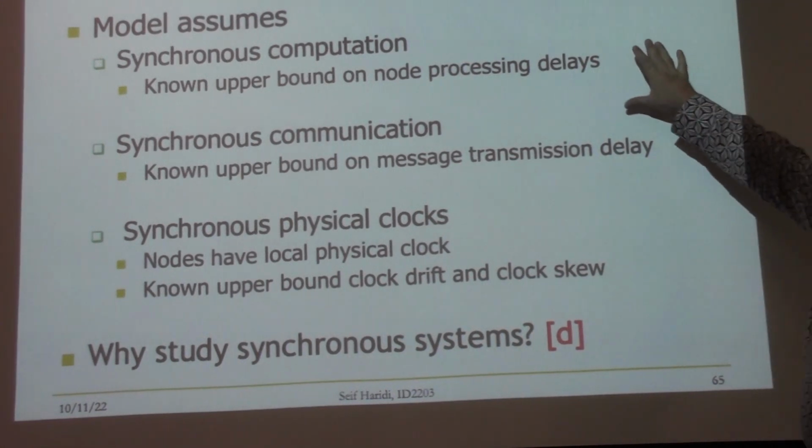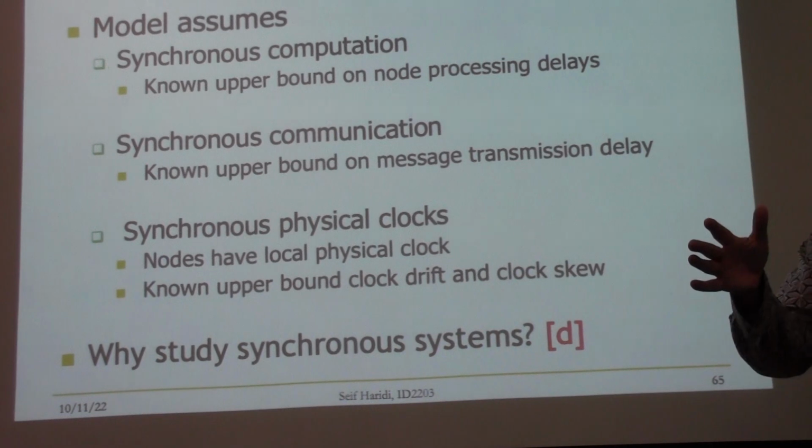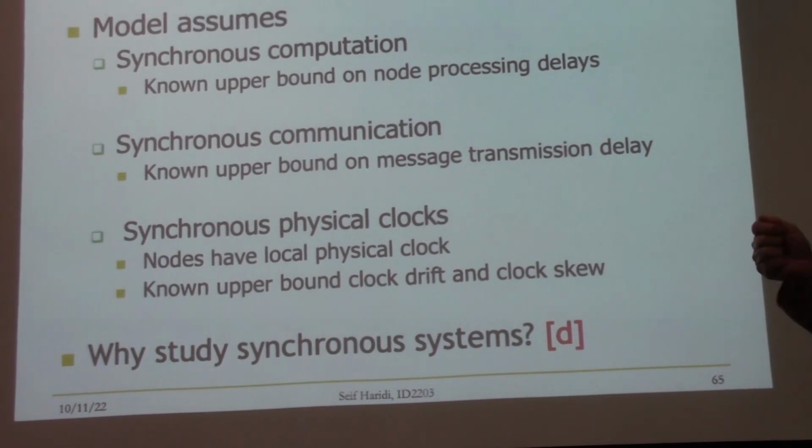So this kind of system is really nice for writing algorithms, but it's very hard to implement, really. And if you make the system very big, it gets harder and harder. A synchronous system could be like a small cluster. The physical distance is very important. If I have a 10 microsecond delay upper bound, then the nodes have to be very close together.